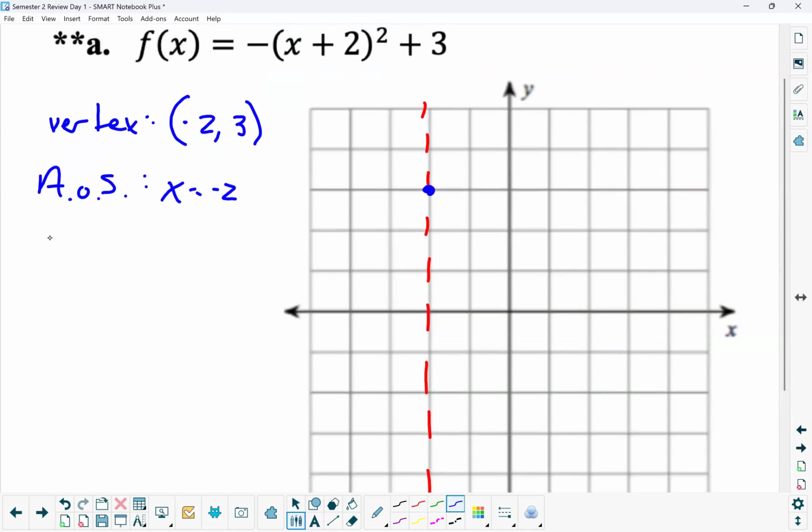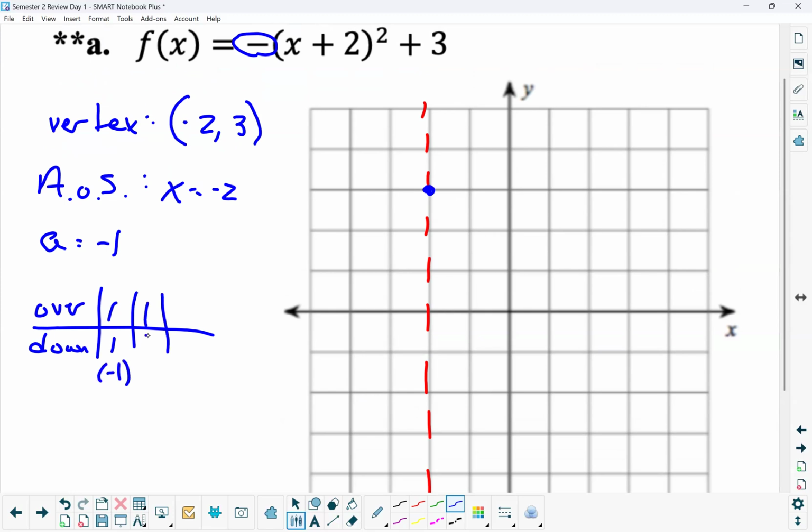Looking at my equation, my value for a is -1. So my pattern is going to be over and down. So over 1, down 1. You could say -1 there.